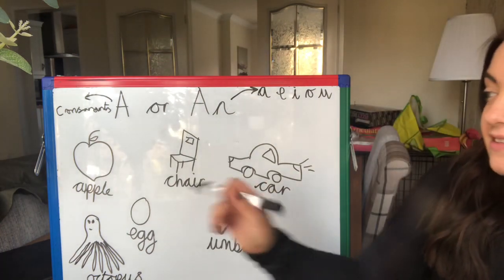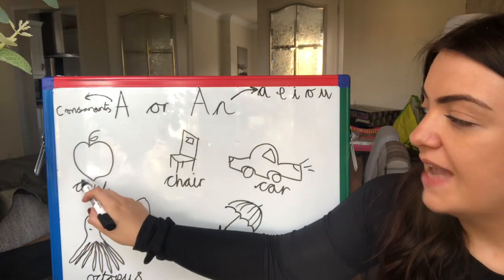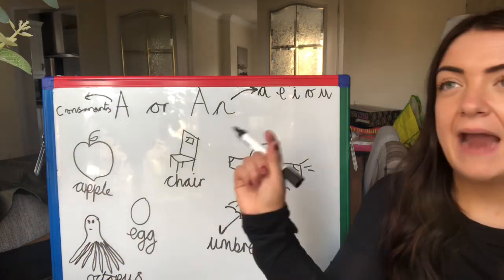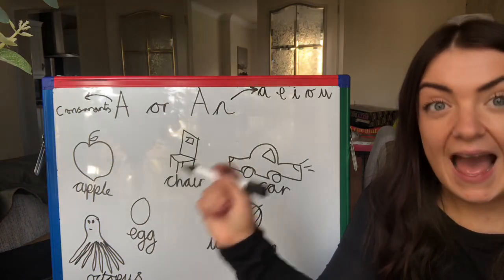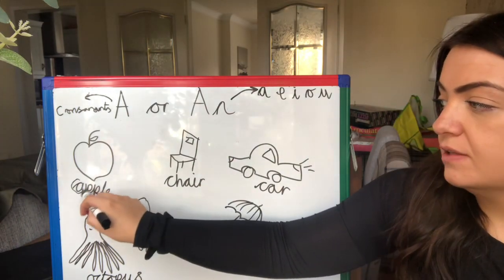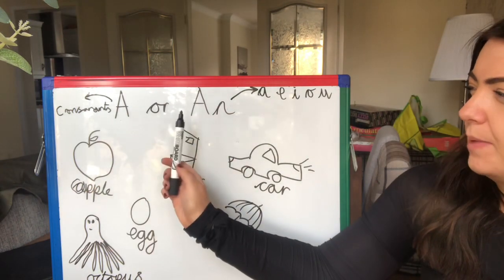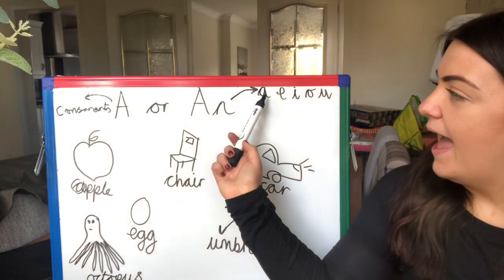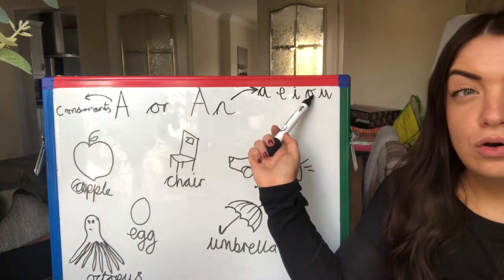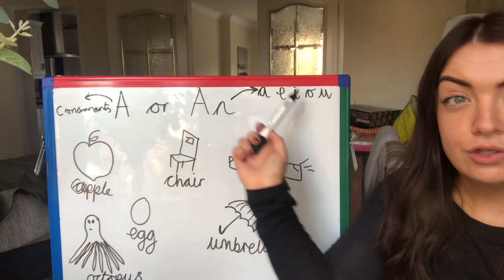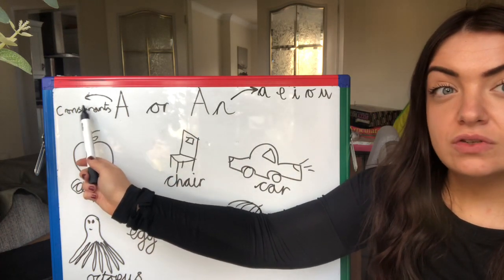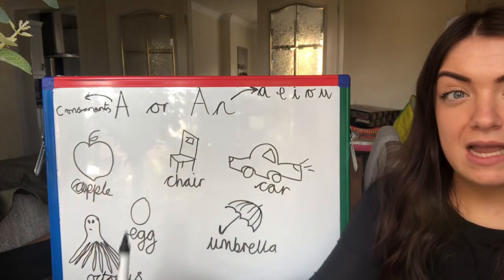So let's start straight away with the apple. Now I'm going to say the word apple and I can hear the a sound at the start of my apple. So let's go back up here. Is that an A, E, I, O, U vowel sound, or is it a consonant? Is it one of the other sounds in my alphabet?